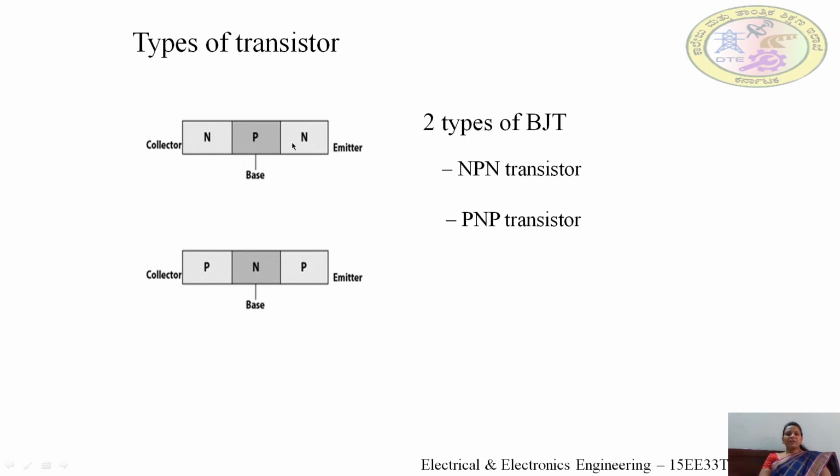For all the three layers, for the external connection, three terminals are taken out, and the terminals are the collector, emitter and the base. So based on the way the PN materials are arranged, we have two types of transistor, that is NPN transistors and PNP transistors.